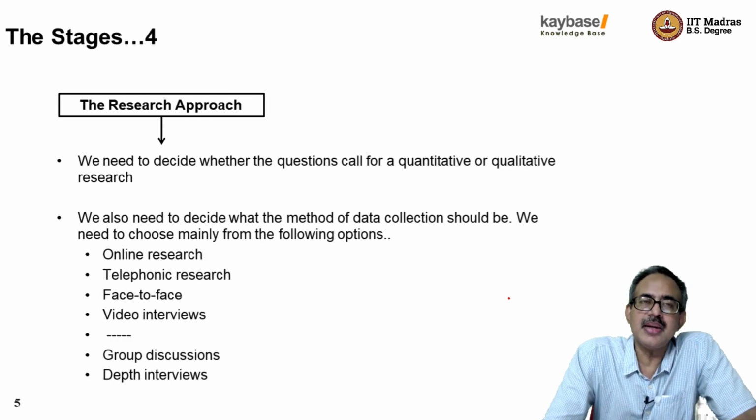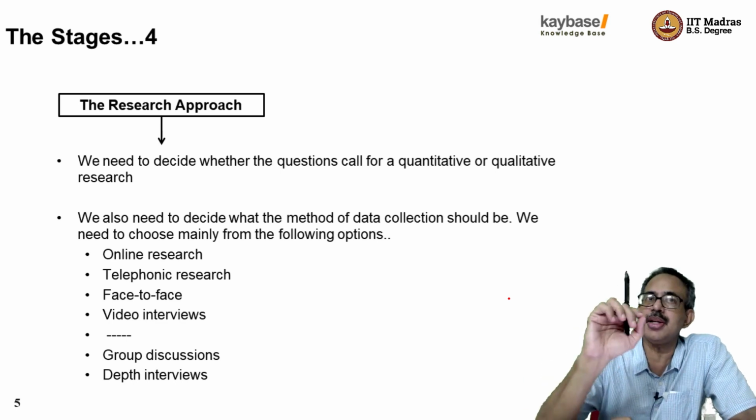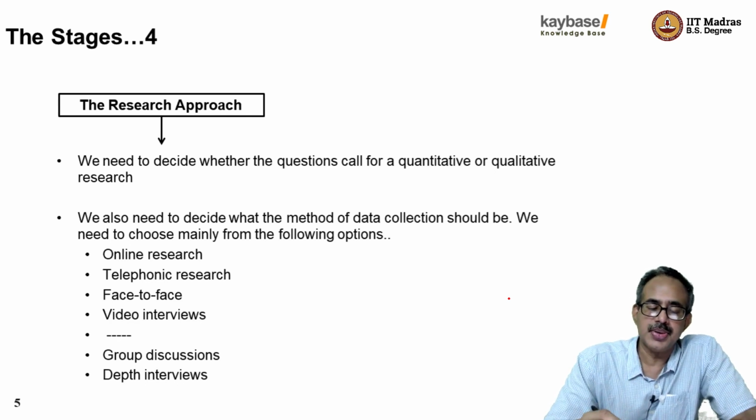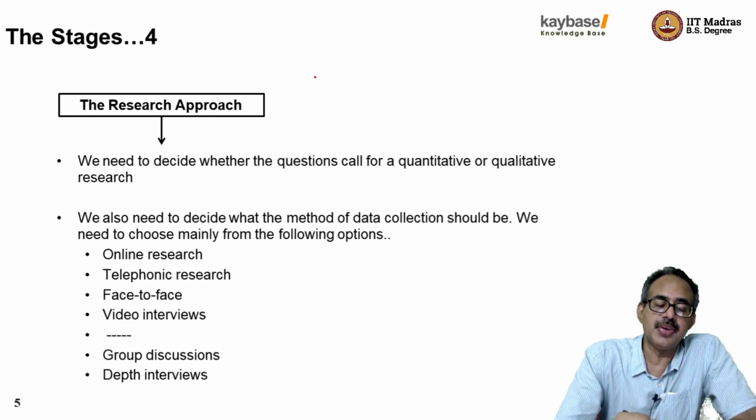Okay. Now, having identified and having agreed that these are the key questions, how do we go about finding the answers? Now, based on the nature of the question, we have to first decide the type of study. If you remember, we talked about various kinds of research. So, to begin with, you have to ask yourself, can I do desk research for the study or do I need primary research?